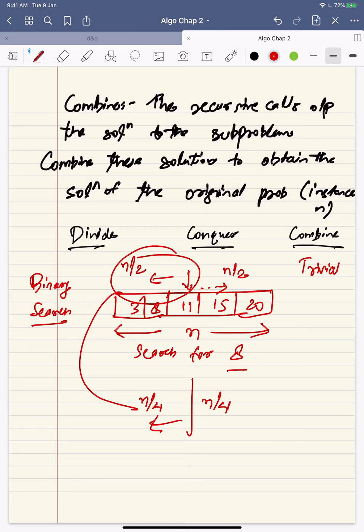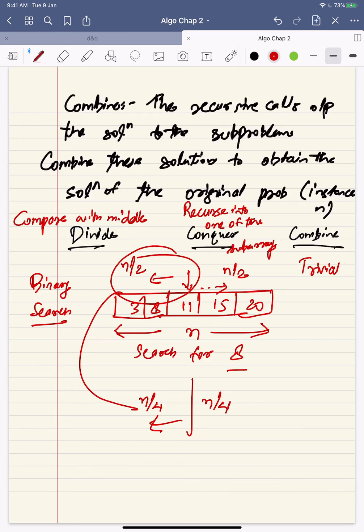Divide is simply comparing with the middle element. Conquer is you recurse into one of the subarrays, and the combine is trivial.